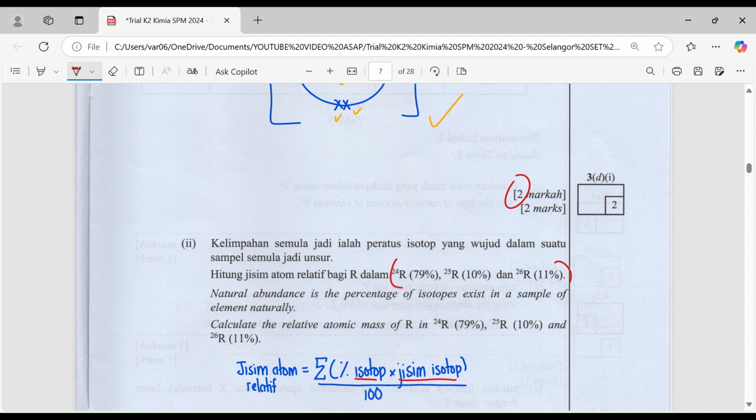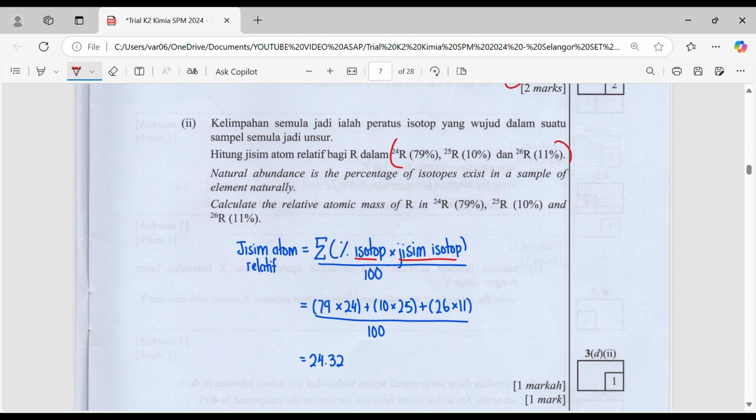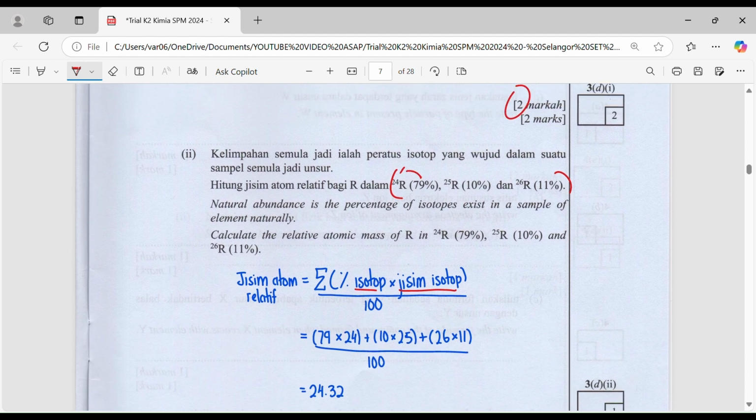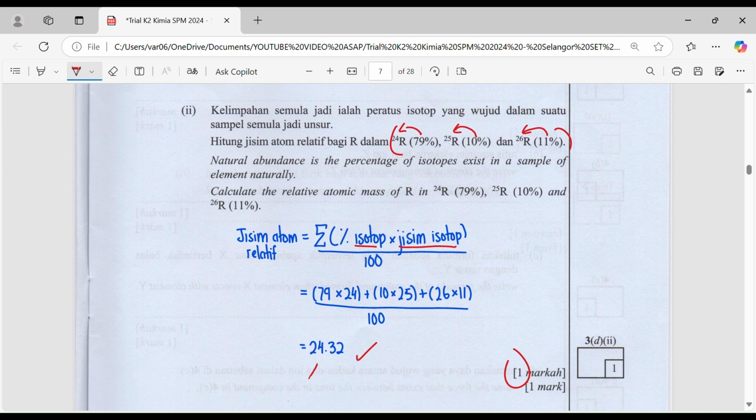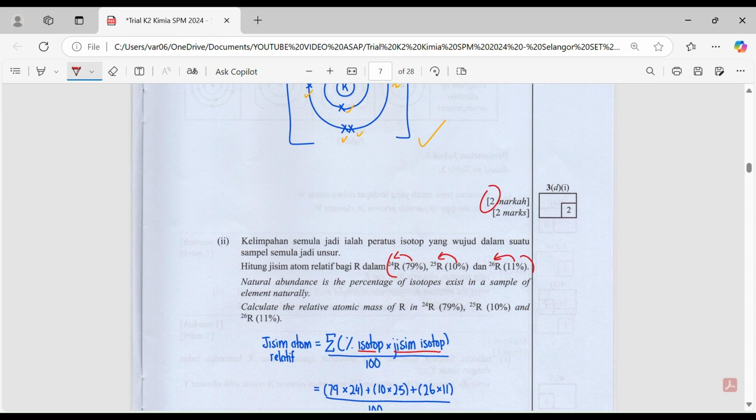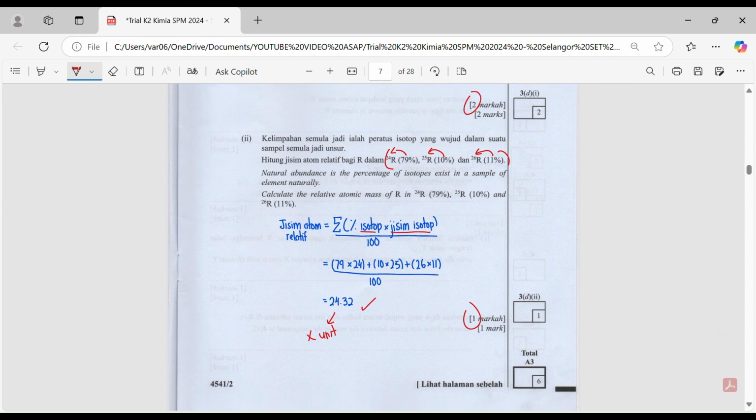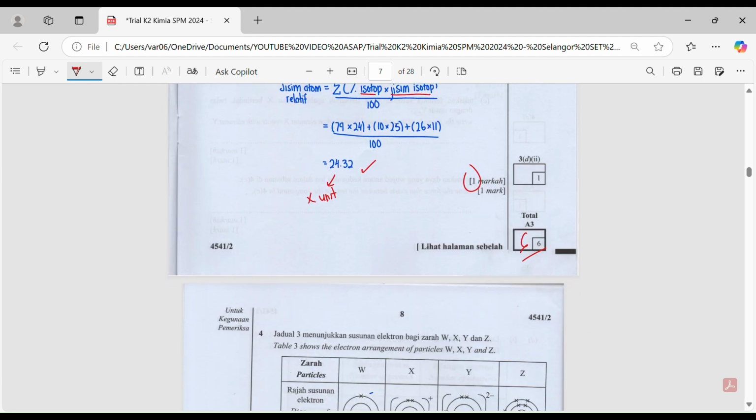So percentage times the mass of the isotope for each one, and then divide over 100. So 79 times 24, 10% times 25, 11% times 26, divide over 100, you'll get 24.32. You get 1 mark, and remember it has no unit. Right? Okay. Done with question 3. Again, easy 6 marks.